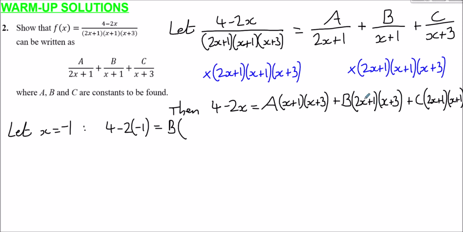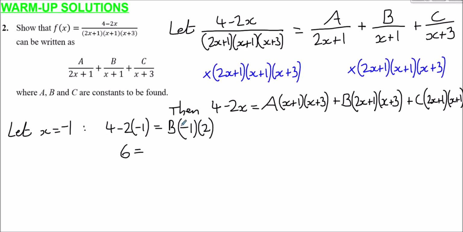If x is negative 1, this becomes minus 2 plus 1, which is minus 1 overall. Then minus 1 plus 3 is 2. So in other words, 4 minus 2 times minus 1 is positive 2, 4 plus 2 is 6.